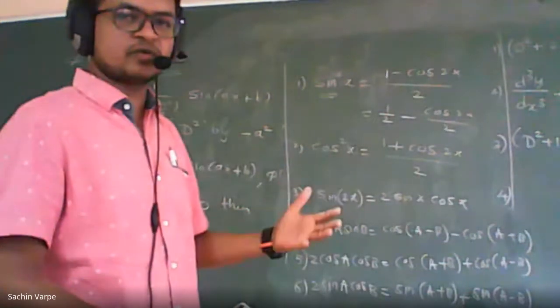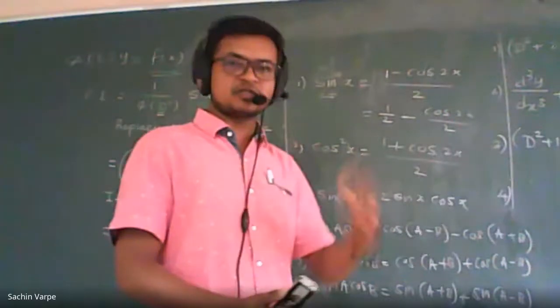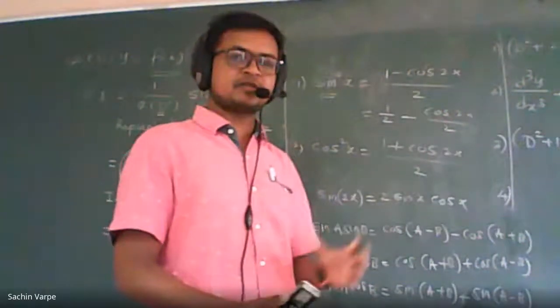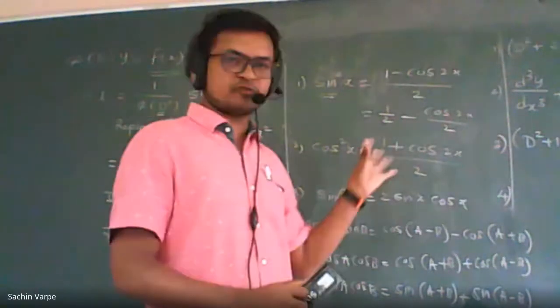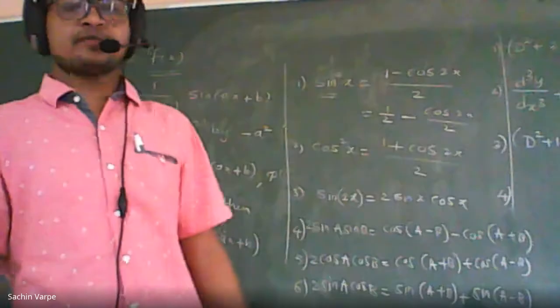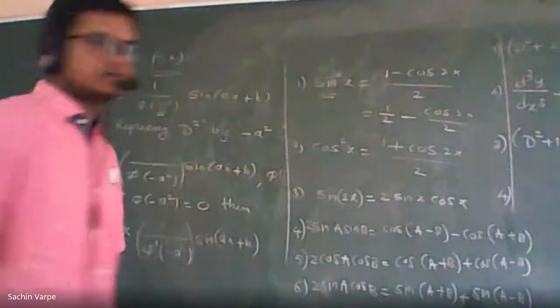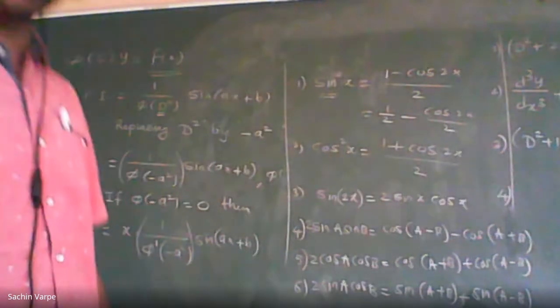If d square terms are not there, then get those d square terms for the replacement first. Then try to write that f of x in terms of linear sine and linear cos using those formulas, and then use the replacement. Replace d square by minus a square. So if any doubt, please ask, or take the examples now.